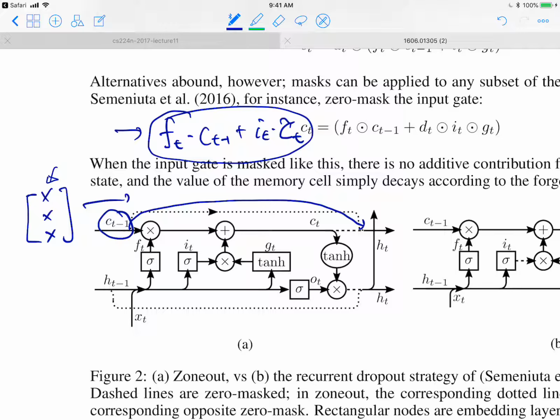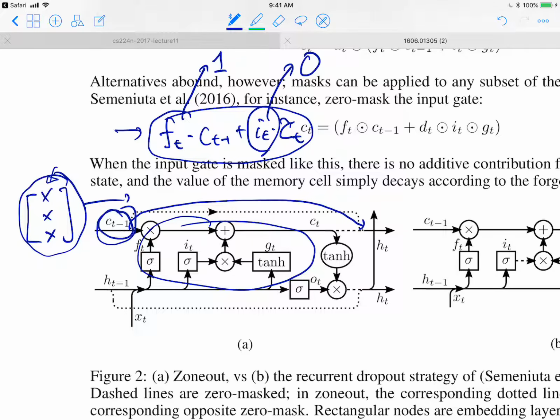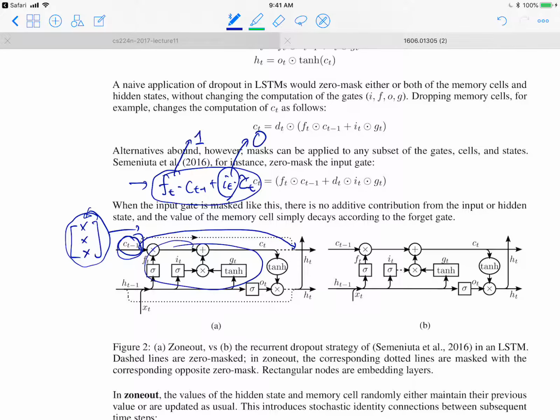It can be viewed as setting it as 0 and setting it as 1, and then we just deliver the previous time step's cell state information with no changes to the next time step. So we randomly skip this kind of RNN cells when transforming the previous cell state information. That is called a zone out.